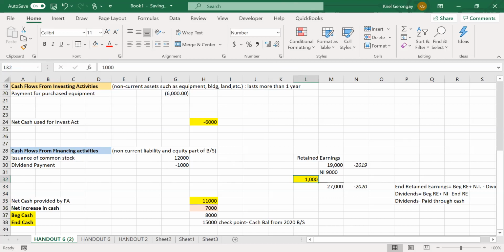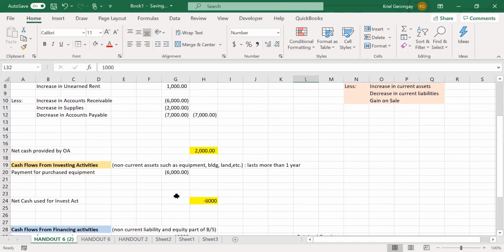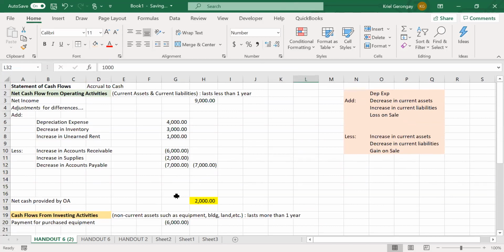But pretty much for a statement of cash flows, as I said earlier, for me it's just a matter of memorizing the format and also understanding what's going on, because I know for your finals there's a lot of stuff going on, so it's better to have that easy part out of the way.